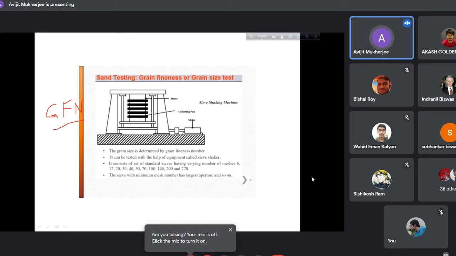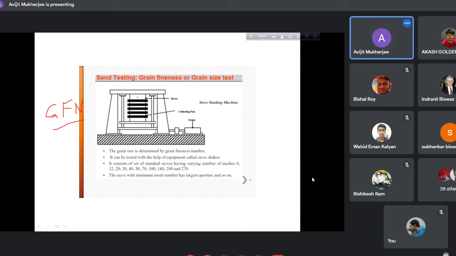When you are cleaning, the clay content will have to be removed. So all the foreign materials will have to be removed. So clean and then dry. When it is dried, then there is no water content. So clean and dry sample sand is placed on the topmost sieve.